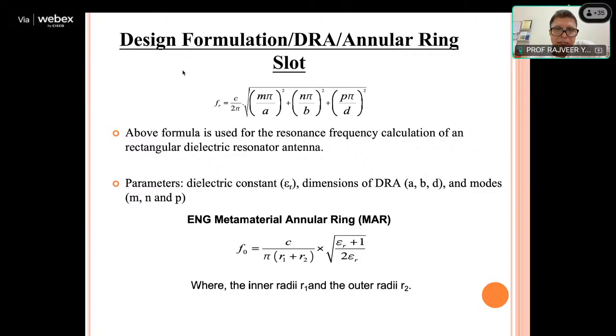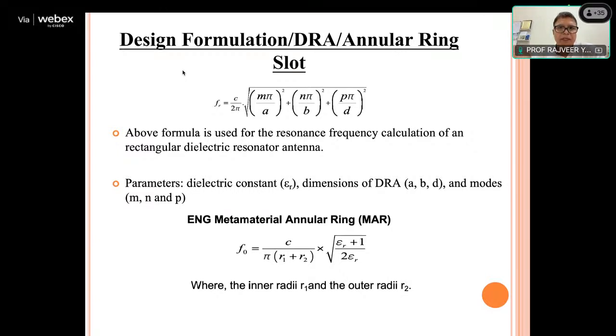square. This is the basic formulation of designing a rectangular dielectric resonator antenna, where c is velocity of light, epsilon r is effective permittivity of the material being used. If I use RT Duroid it will be 2.2. If I use FR4, 4.7. M, N, P are very crucial parameters here.